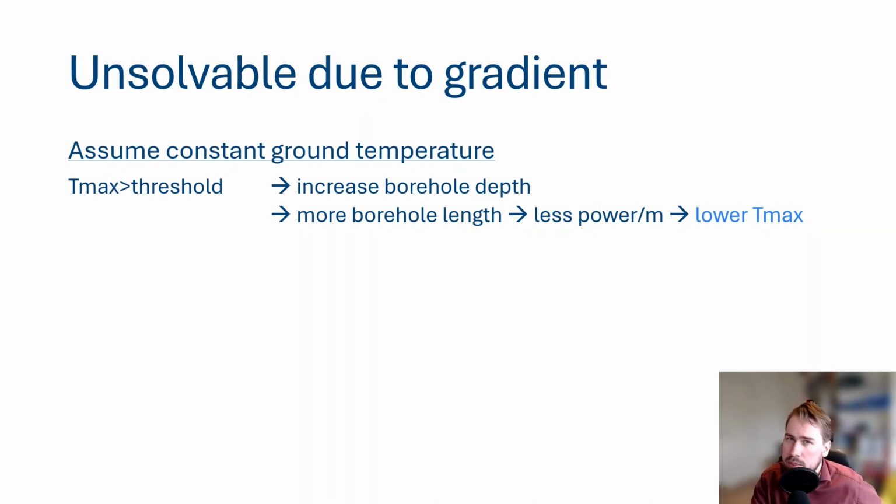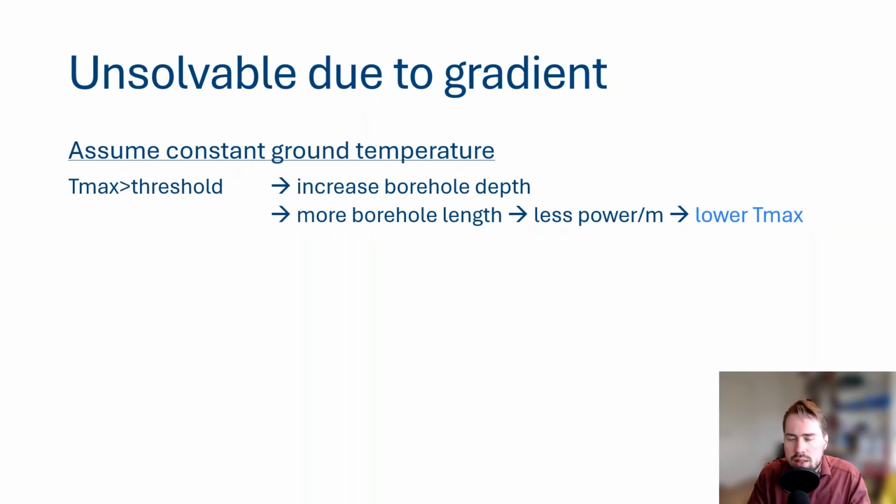So we will drill deeper, and by doing so we will increase the total borehole length. And if we do so, we also decrease the power exchange per meter. We have the same power demand for a bore field, but we now have more borehole length. So we extract or inject less power per meter from the borehole. And this leads to a lower maximum average fluid temperature.